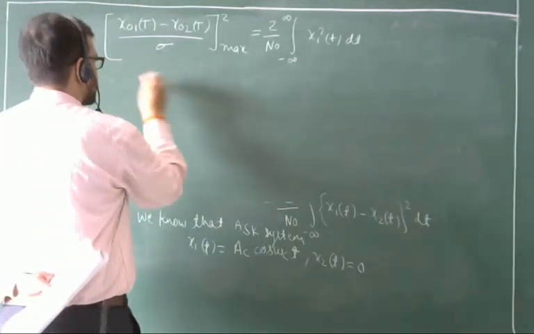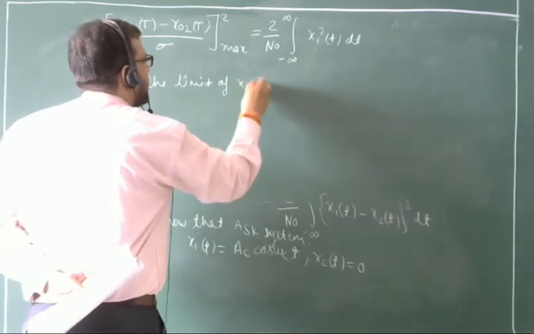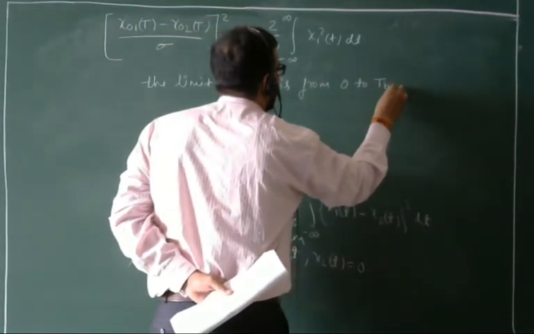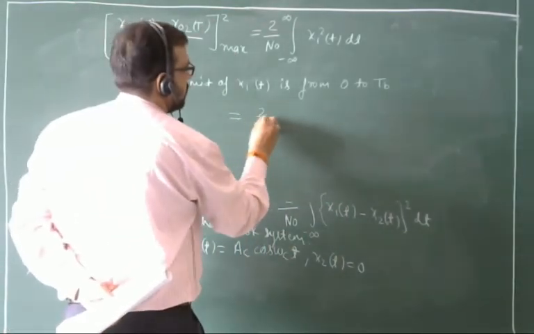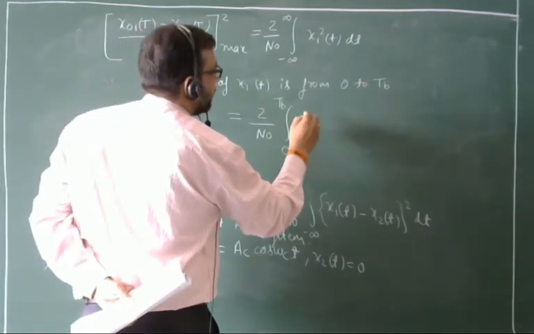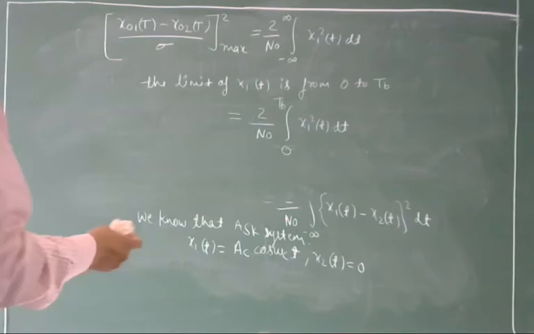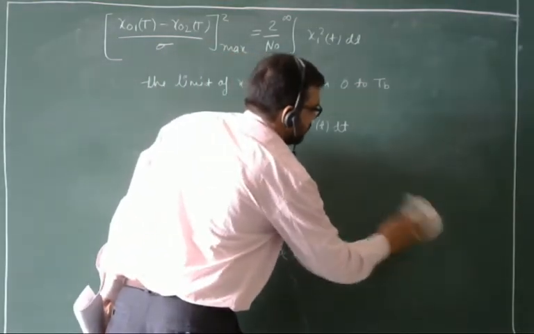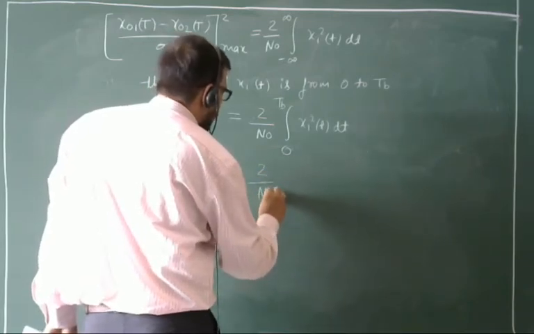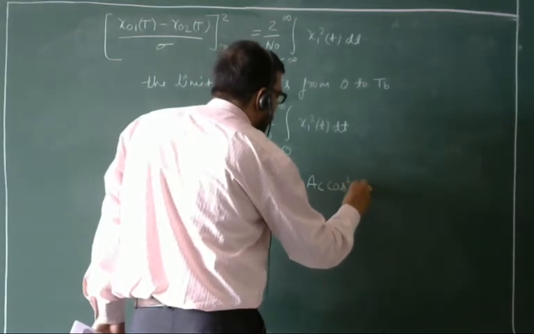Also the limit of x1 t is from 0 to Tb. Then this quantity is equal to 2 upon N naught times the integral from 0 to Tb of x1 square t dt, is equal to, placing the value of x1 t, the integral from 0 to Tb of A C cos square omega c t.